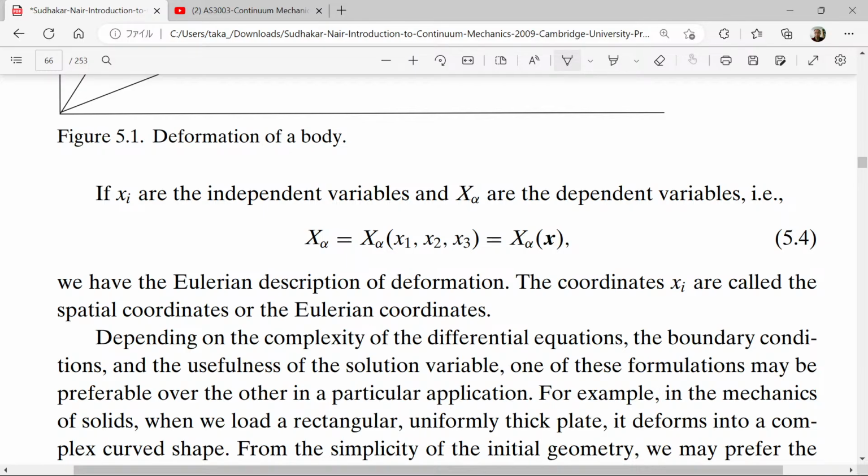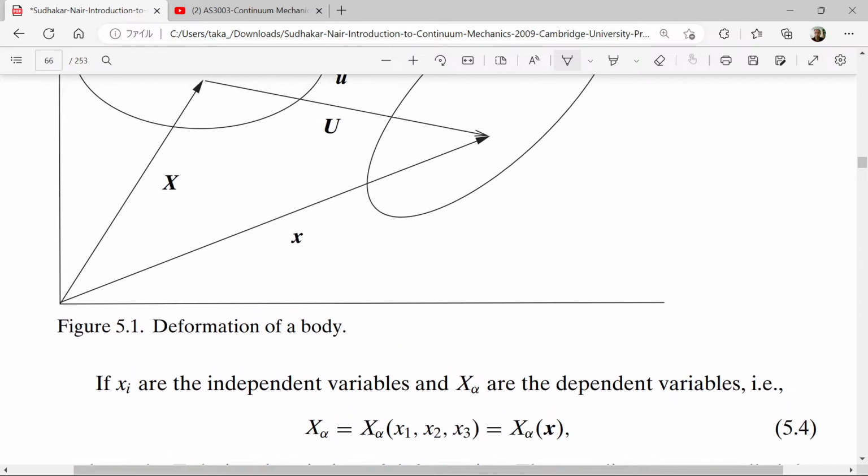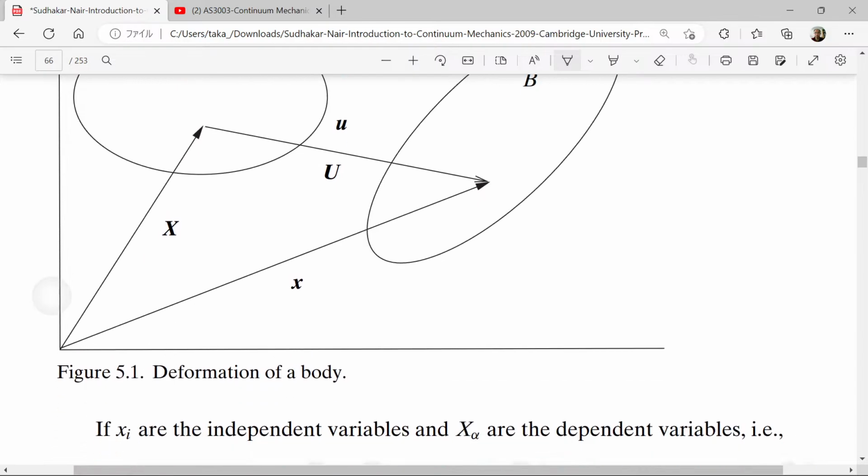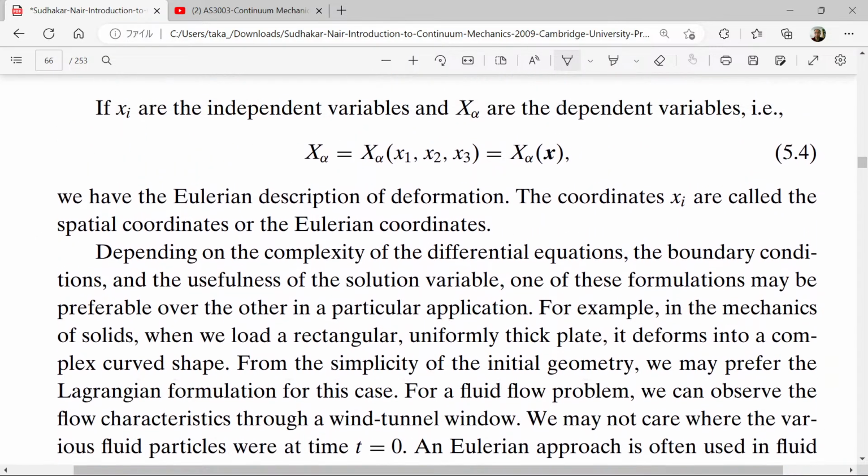The coordinates x_i are called the spatial coordinates or the Eulerian coordinates. Small x are called the spatial coordinates or Eulerian coordinates.